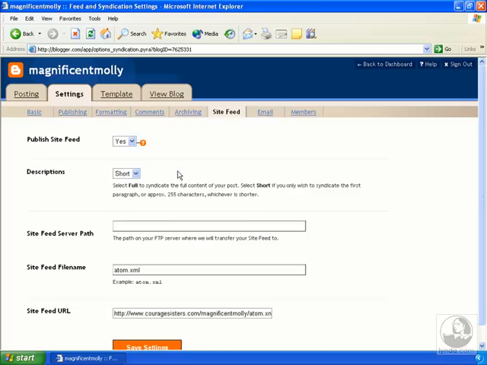Now, what this choice does is that it only sends either the first paragraph or the first 255 characters of your post, whichever is shorter. So in a way, you can think of this as a little tease, okay? So your person who is following your weblog via your feed, they open their newsreader and they see, oh, look, Molly has just updated her weblog, and they can then read the excerpt from the beginning of that.